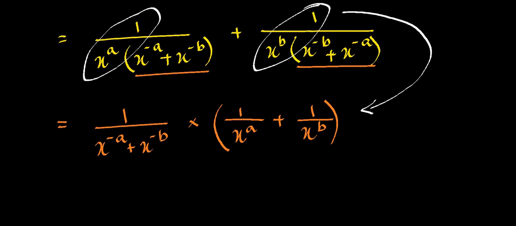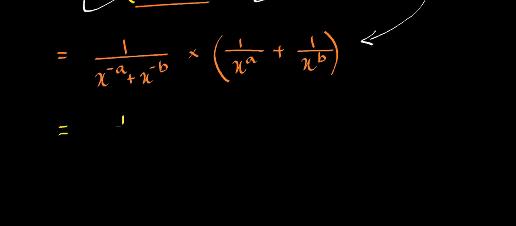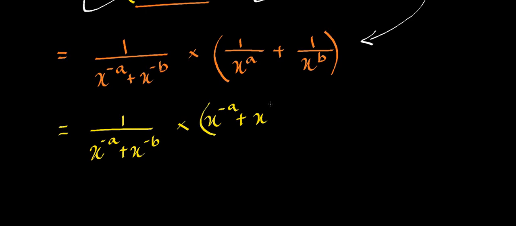So let's continue. That is equal to, what is that equal to? 1 upon x raised to minus a plus x raised to minus b. And here we can actually do the reciprocal, don't you think? We can say that is equal to into x raised to minus a plus x raised to minus b. इसका भी हम reciprocal कर सकते हैं.